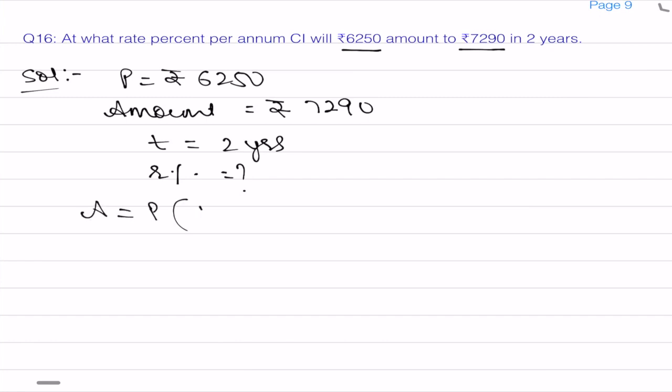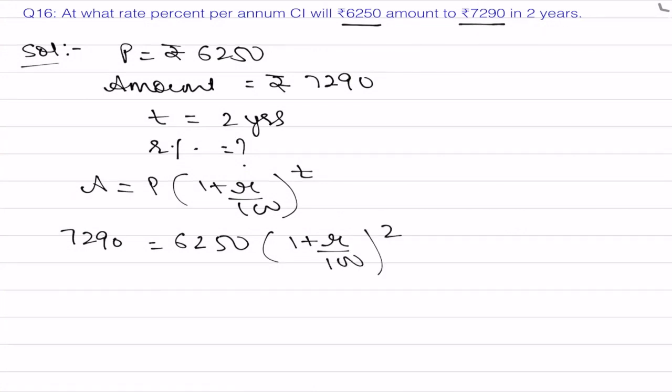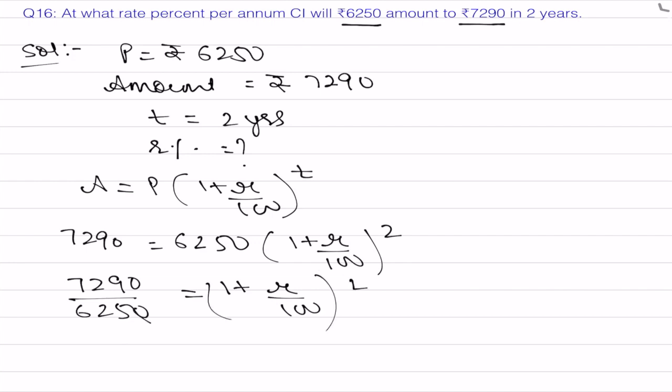Amount is equal to P into 1 plus R upon 100 whole raised to the power T, and substitute the values. Now we will shift 6,250 to the other side in the denominator. So after cancellation we'll see 729 and 625. So now 729 upon 625 is left, that is equal to 1 plus R upon 100 whole raised to the power 2.